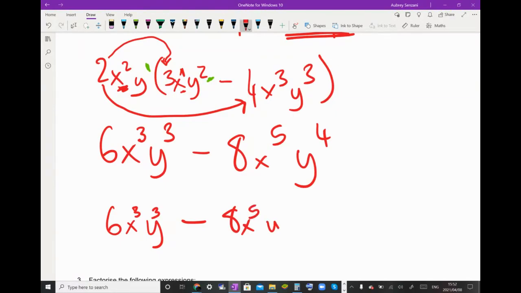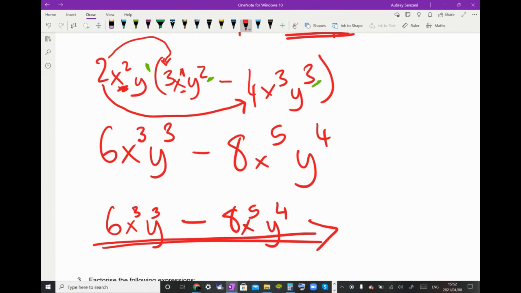And then we deal with y. Once again, that y is to the power 1, so 1 plus 3, this 3 right there, gives us y to the power 4, which is exactly what you guys got. Awesome stuff.